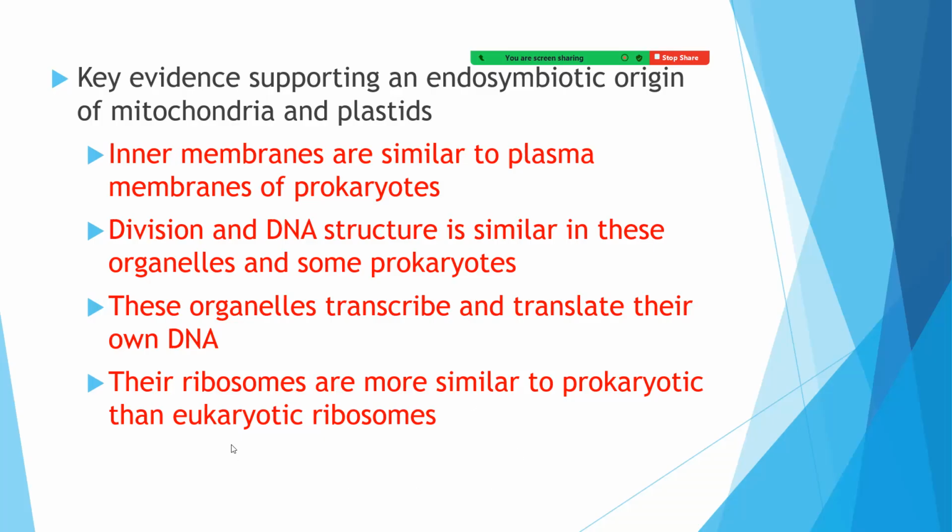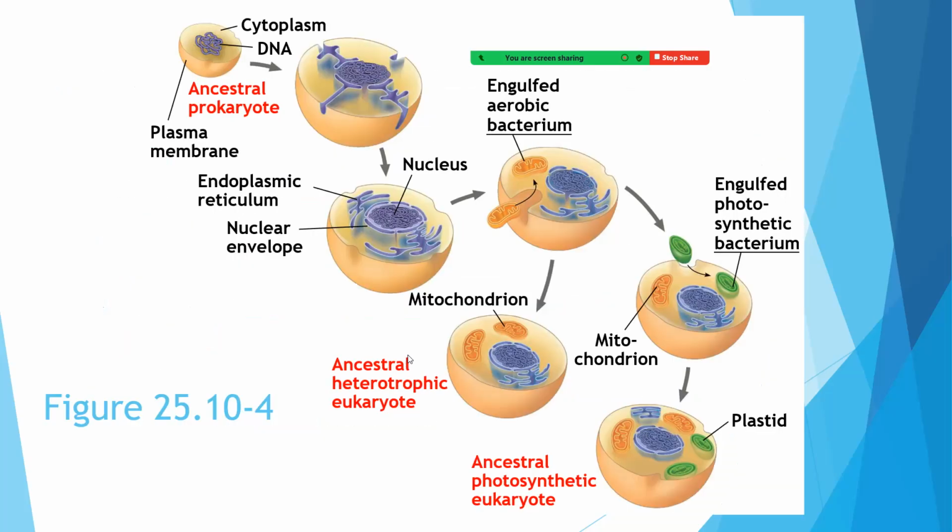And then they also do have ribosomes. There are ribosomes found in these organelles, which look very similar to ribosomes that we would find in prokaryotic cells as well. So again, all evidence that helps to support this theory that we started off with an ancestral prokaryote, took up a precursor bacterial cell that became mitochondria.